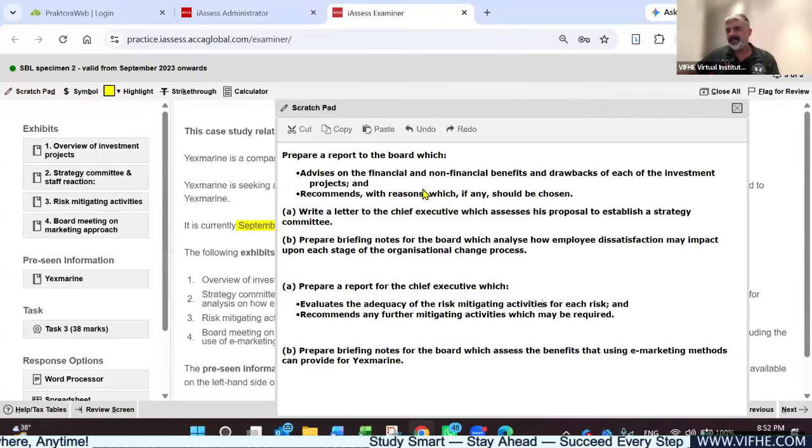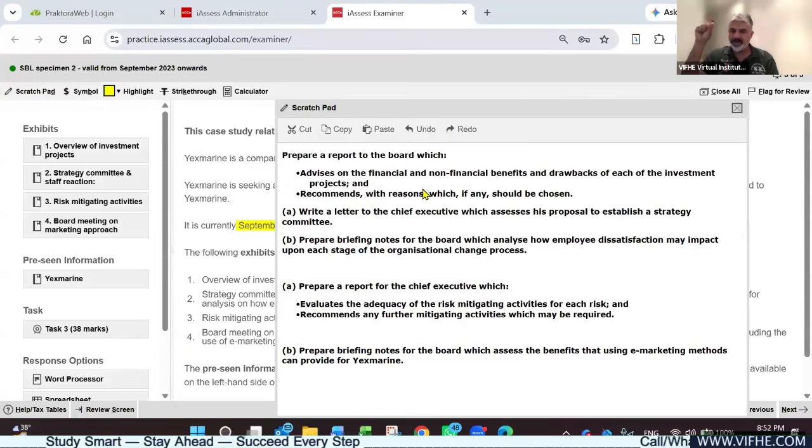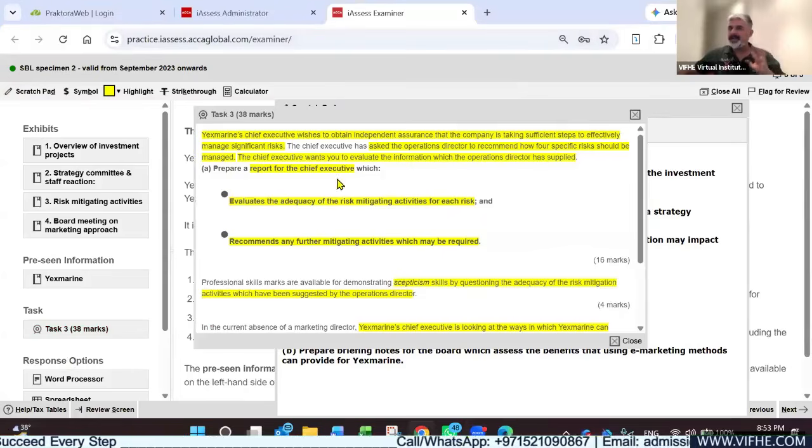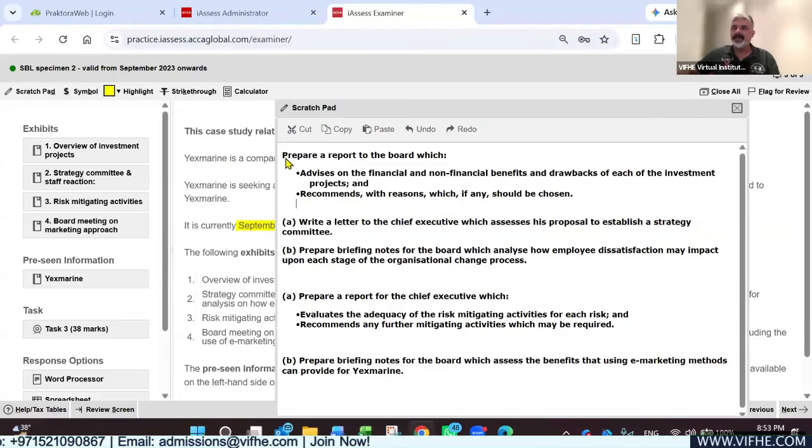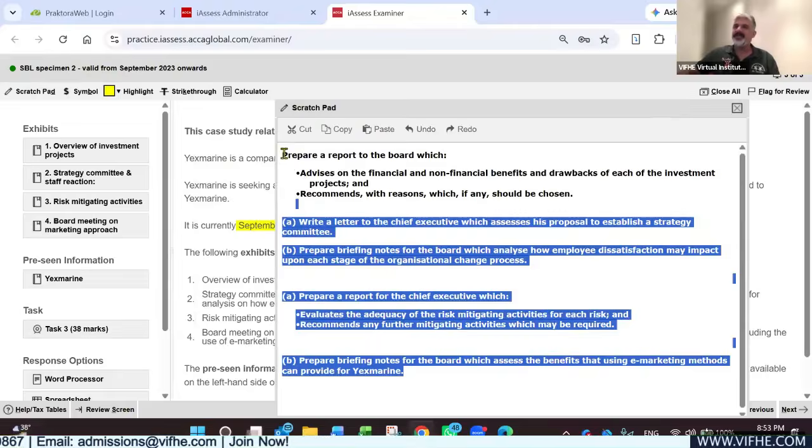So what did I do? I just copy pasted the bold portion on Scratchpad. So I did not read the requirement. Did I read the requirement? No. First, I copy pasted all of them on one page. Now I will read them properly because now they are all on one page.